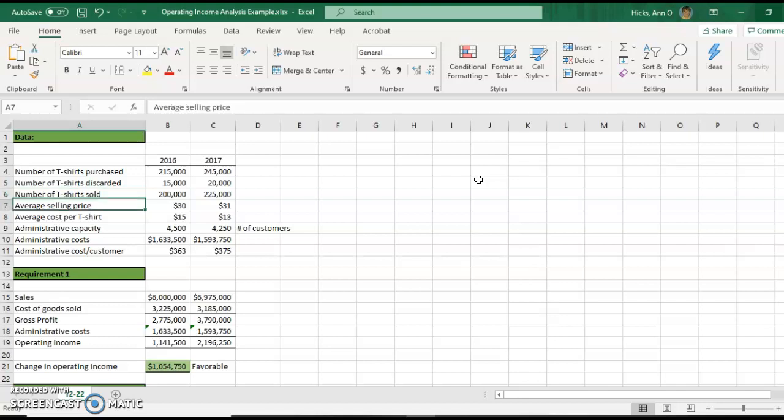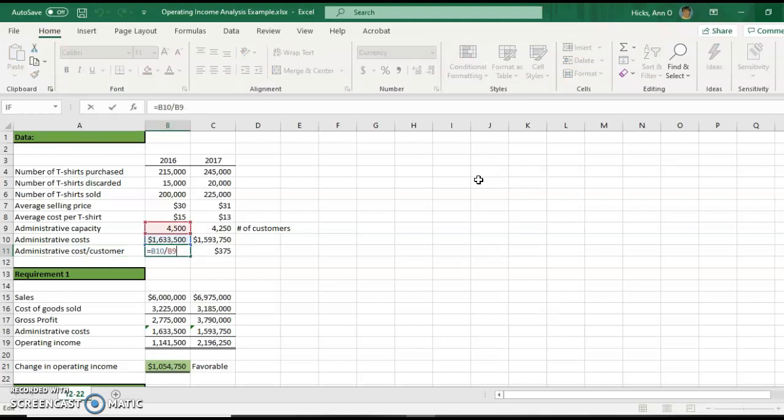Then they tell us the average selling price for each year, the average cost per t-shirt for each year, and the administrative capacity. This is the number of customers that they have the capacity to sell to. These are their administrative costs, and then the administrative cost per customer, which is just the total administrative cost divided by the capacity.